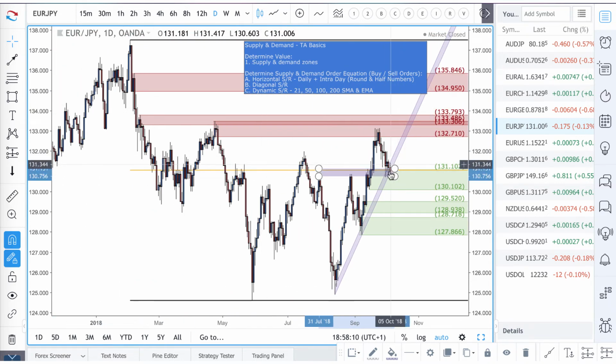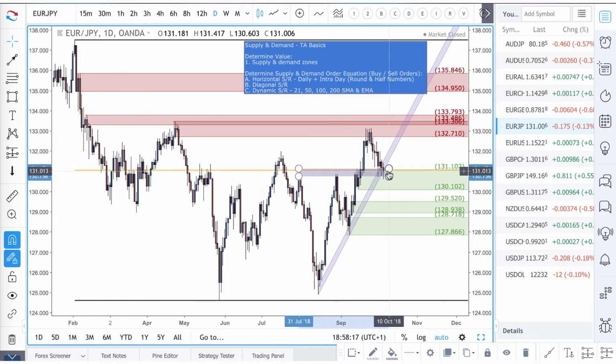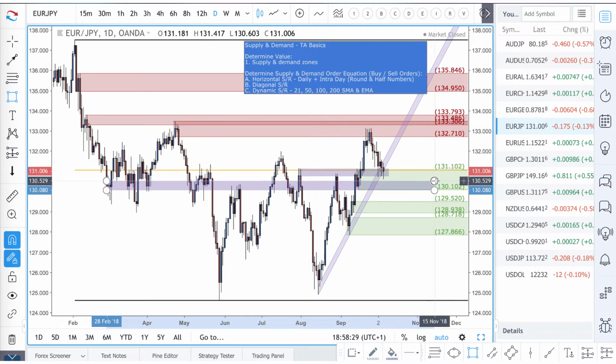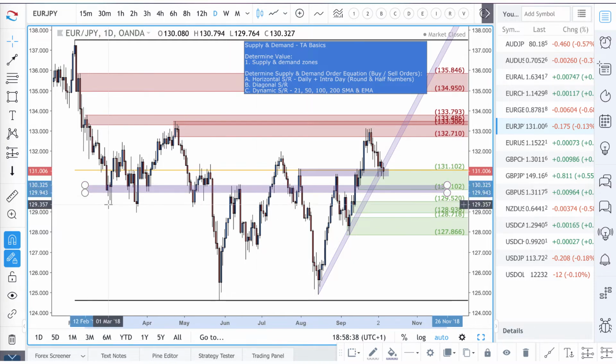So this is still in play, as we haven't really broken any key areas of the support area here, but then we have this deeper demand zone here anyway. So if we look to potentially the structure here around there, yeah, you do have what I'd consider some support and resistance.